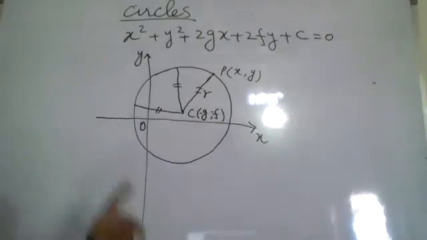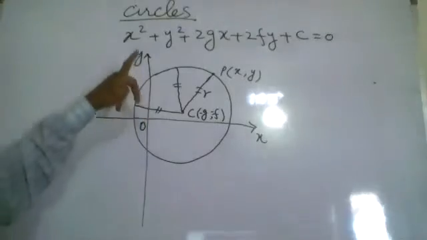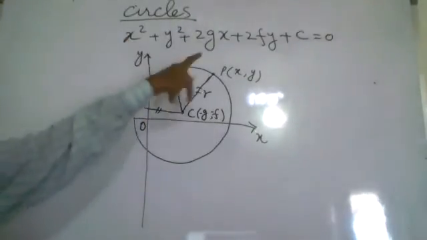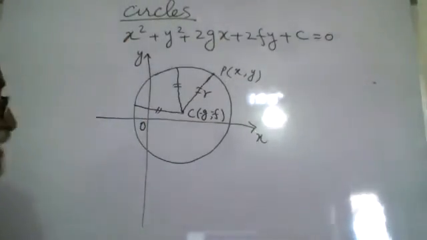So this is the standard equation of a circle: x square plus y square plus 2gx plus 2fy plus c equal to 0. There must be x square and y square, both must be positive, and both have the coefficient 1.